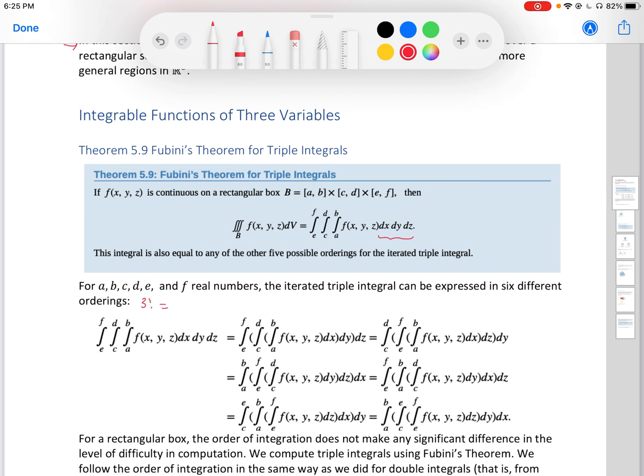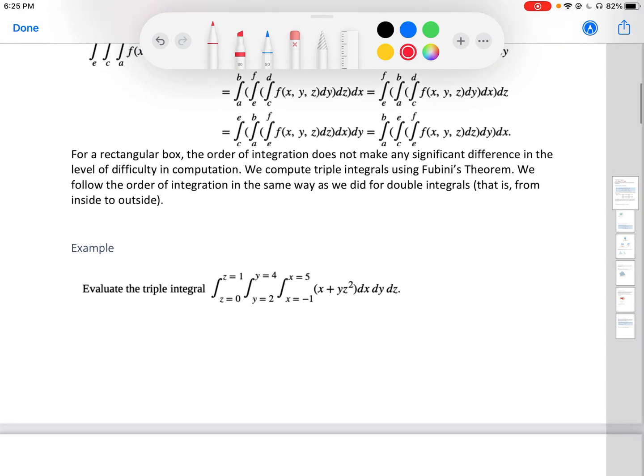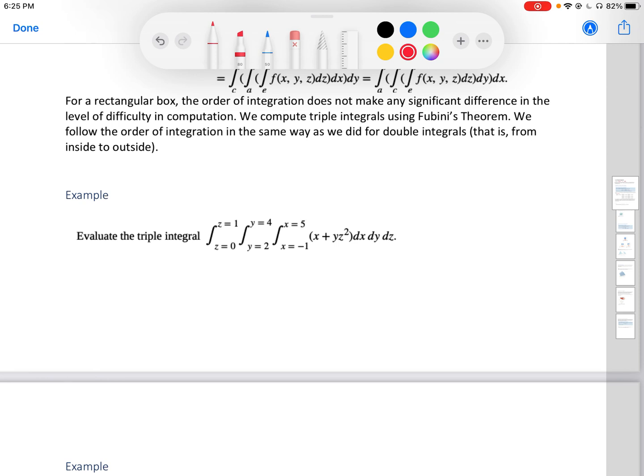So you can arrange them 6 different ways: x, y, z, x, z, y, z, y, x, it doesn't matter. It depends on which one seems easiest for you to set up. For a rectangular box, the order of integration does not make any difference in the level of difficulty in computation.